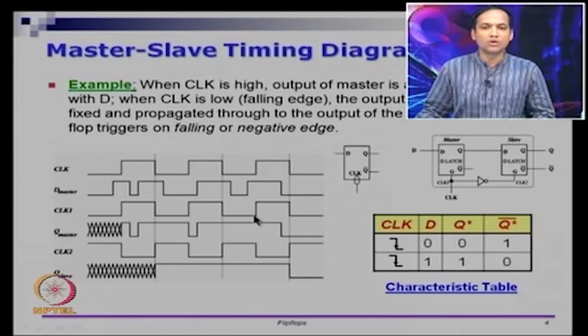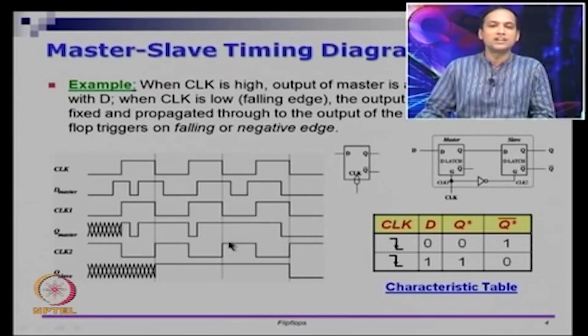When CLK1 goes off, again there are changes here, it changes from 1 to 0 to 1. However, those changes are not seen in Q of the master. And finally, when the third clock tick comes on, at that point D master is already 1, it goes down to 0 once, that is captured in Q master, right.